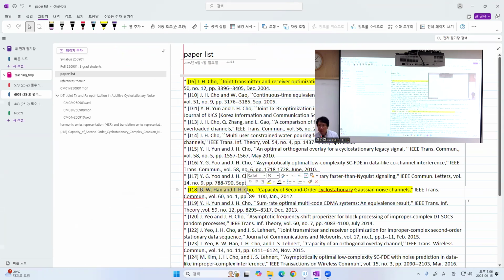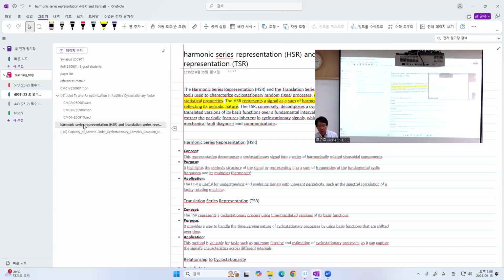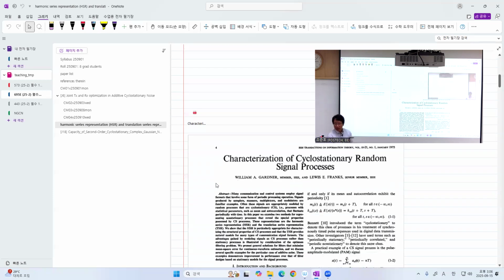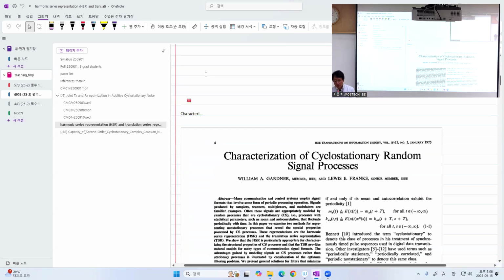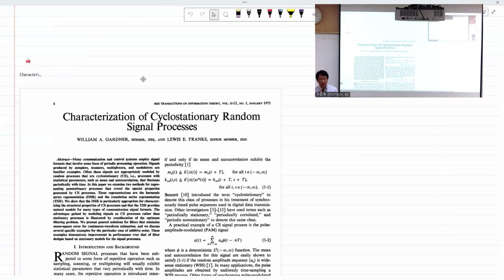Okay, that's good. And even before I jump to journal version 18, I will talk about this old paper by Gardner and Franks. And you know, interesting thing, Dr. Gardner was a graduate student of University of Massachusetts Amherst, where I served as a professor.